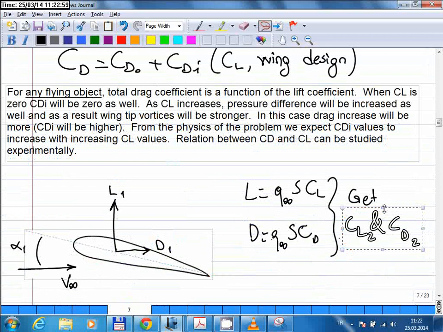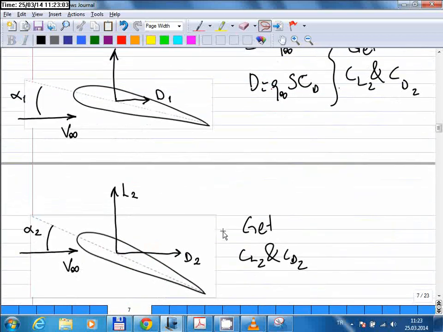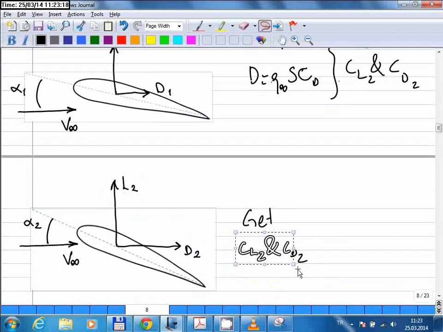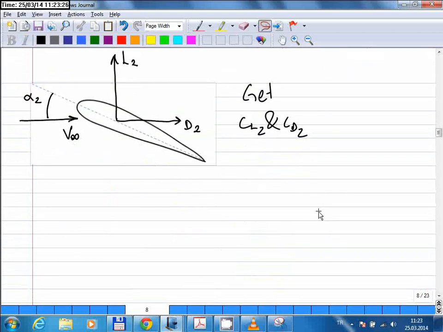You do that for one condition, for one angle of attack, and then you repeat the same at a different angle. Here alpha 2 is a greater angle than alpha 1, and obviously the forces are different, L2 and D2. You calculate another pair of lift and drag coefficients, and you do this a number of times to see the relation between lift and drag.